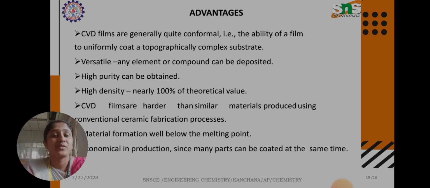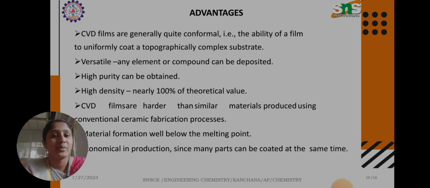Advantages of chemical vapor deposition. Films are generally quite conformal, for example, the ability of film to uniformly coat a topographically complex substrate. Versatile, any element or compound can be deposited, high purity can be obtained, high density, nearly 100% of theoretical value.